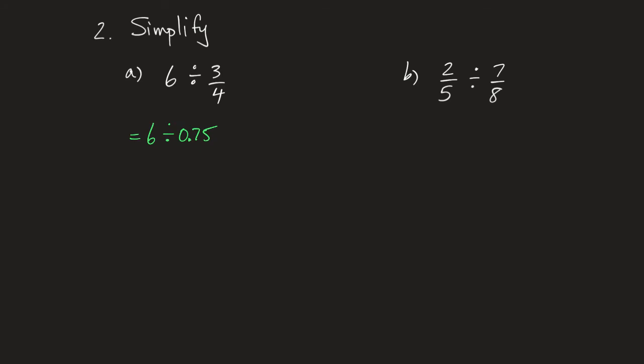I know 3/4 as a decimal is 0.75. And now this starts to look like a problem we've done in the past. That now you might write 6 divided by 0.75, and now you say, hey, wait a sec, I can move my decimal place 2 spots on the bottom. That means I have to move it 2 spots on the top because I'm multiplying top and bottom by 100.